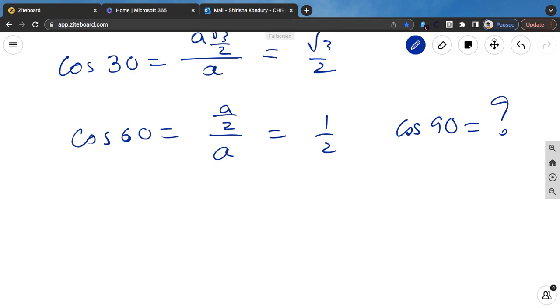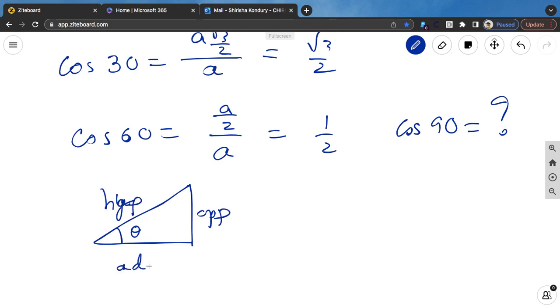But one thing I want to tell you. In a triangle, there's a hypotenuse. For a given angle, there is an opposite side and there is an adjacent side, right?